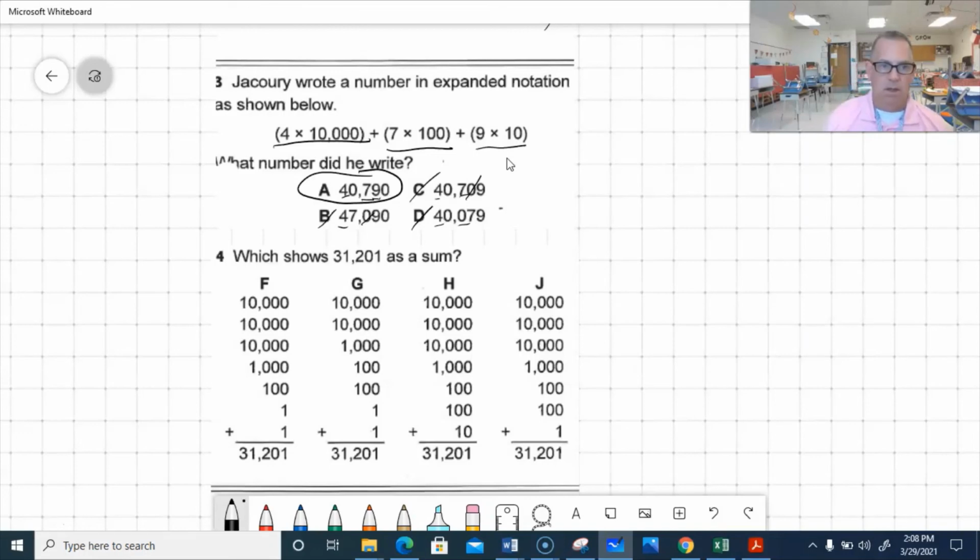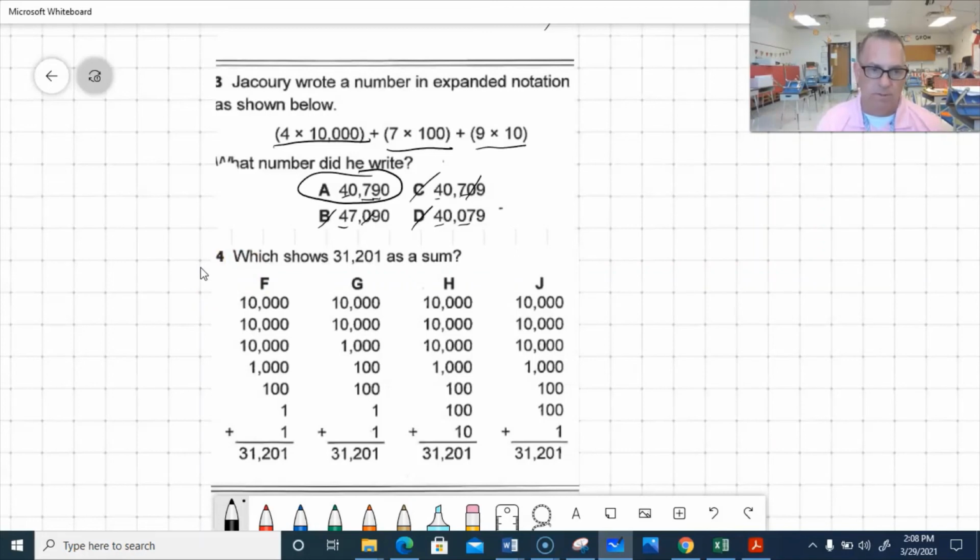40,790. F says, which shows 31,201 as a sum? So we'll just go true and false statements for F, because they all wrote 31,201 below it, but 3 of them don't have it, and 1 does.